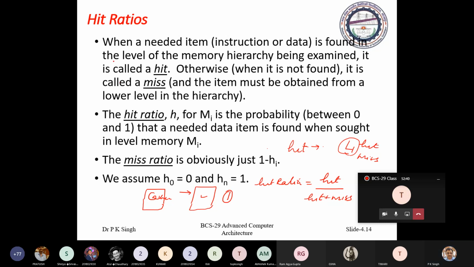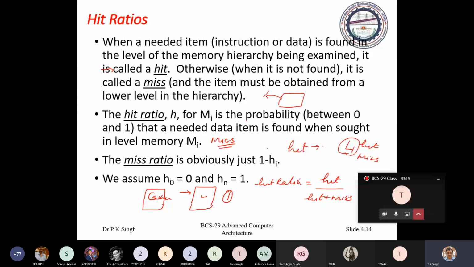So what do we do? On the occurrence of a miss, we transfer another working set to the cache memory, and we have to replace one of the working sets. So in the practical case, there must be misses.